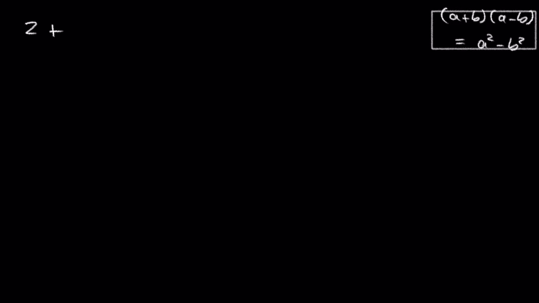2 plus 3 times the square root of 5 over 7 minus 2 times the square root of 5.